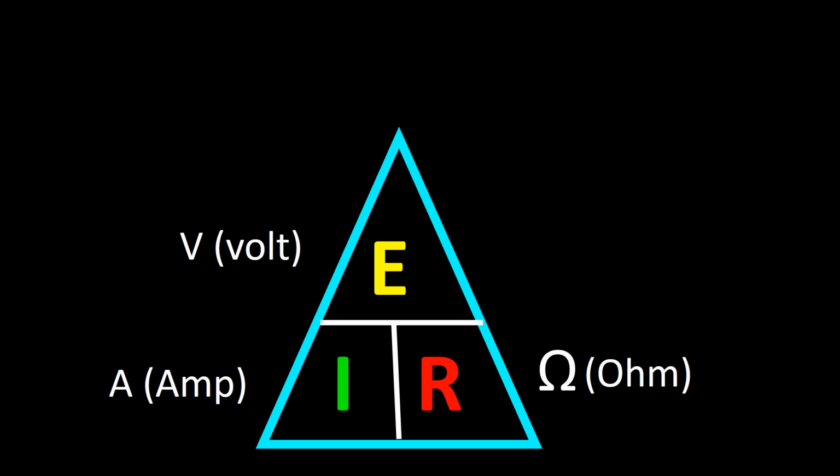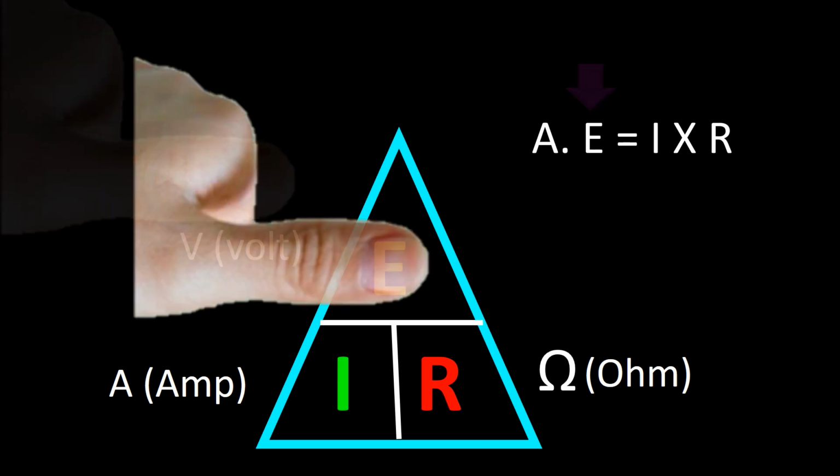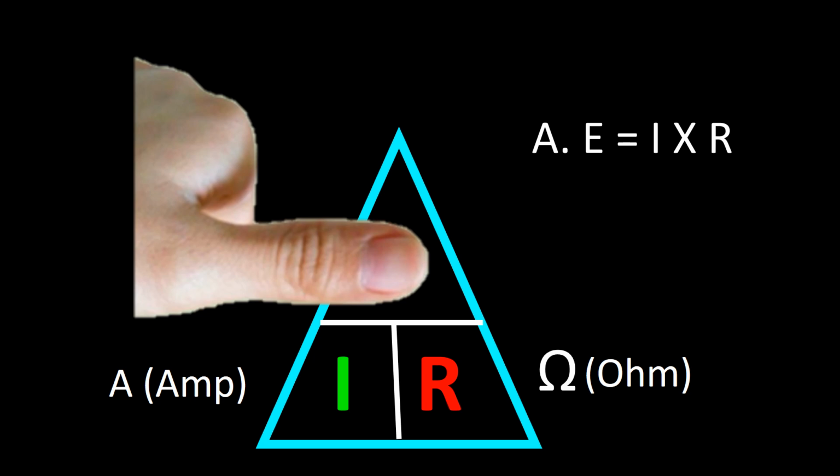Once the triangle is filled, I put my thumb to work. I do so by covering the letter before the equal sign in the triangle. If the expression after the equal sign matches the operation suggested in the triangle, the equation is correct.